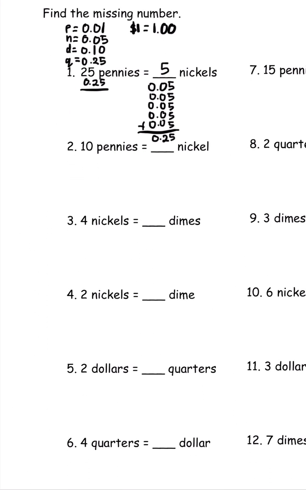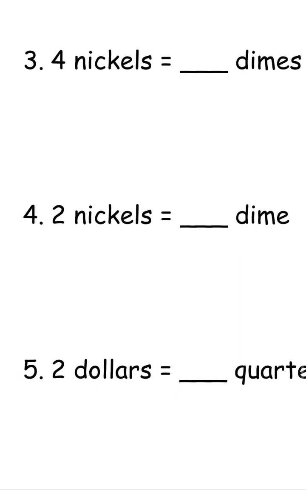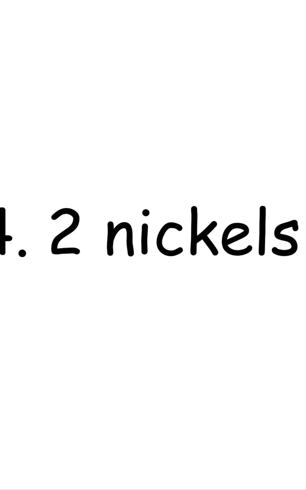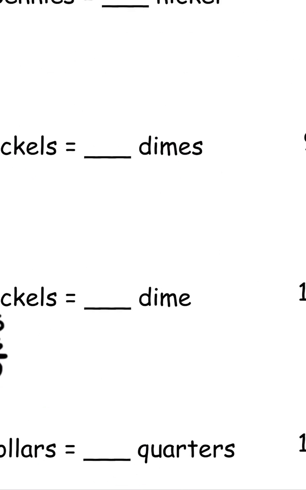Let's look at number 4. For number 4, it says 2 nickels, blank dimes. So 2 nickels, so 1 nickel was 0.05. So if we have 2 of them, if we add 2, then we're going to get 0.10. So 10 cents.